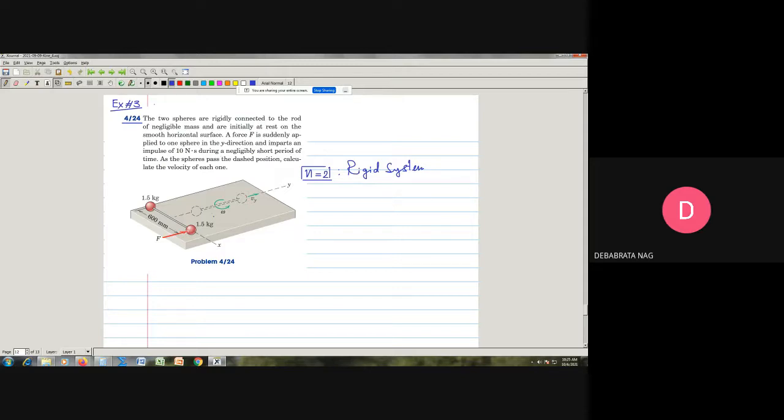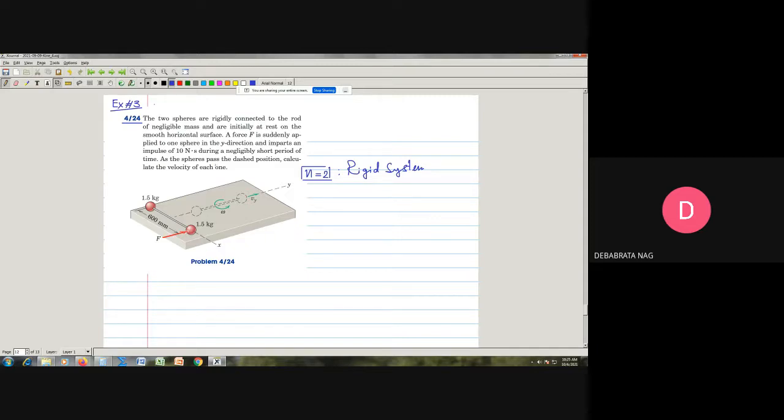That means the time duration over which this force F acts on the system is very, very small, but it is capable of imparting a finite impulse of 10 Newton seconds during a negligibly short period of time.